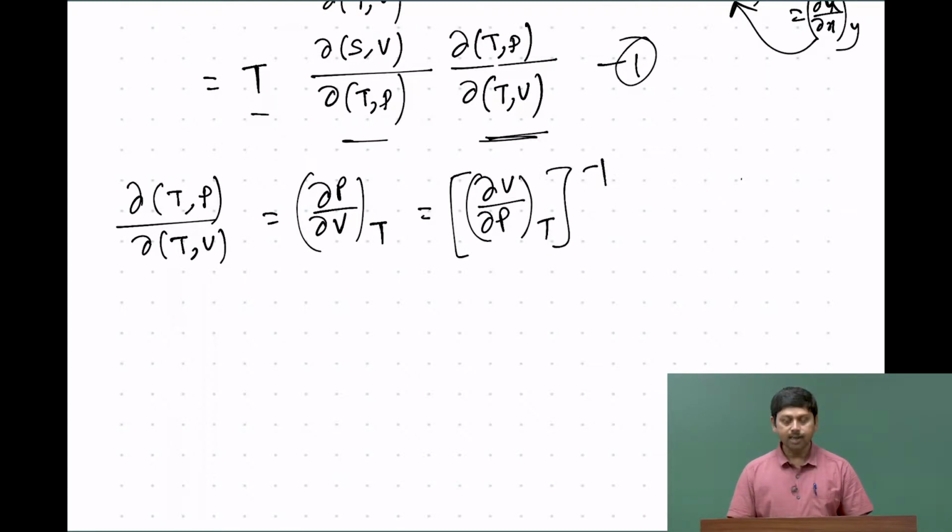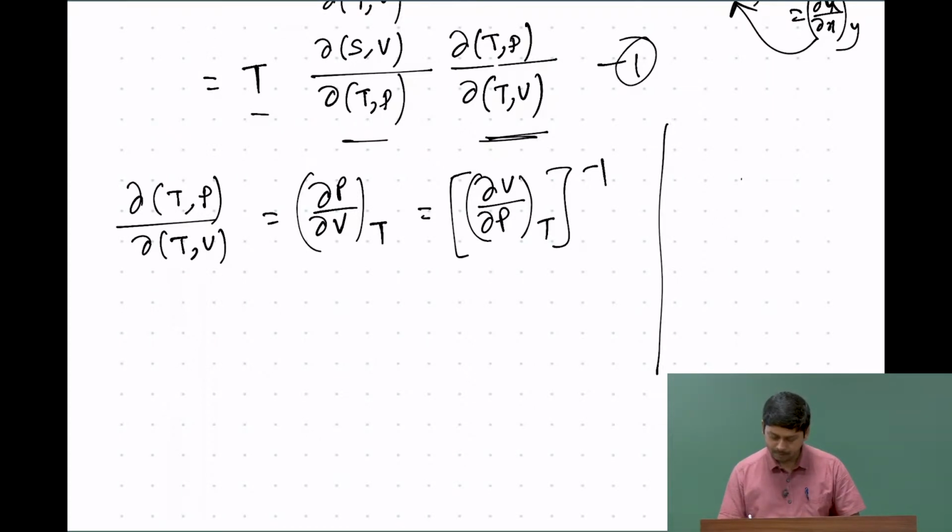Now, what is del V by del P at a constant T? You are increasing pressure at a constant temperature, and therefore the volume will reduce. From the definition, isothermal compressibility kappa T is minus 1 by V del V by del P at a constant temperature.